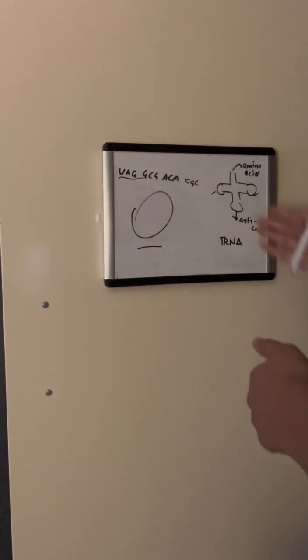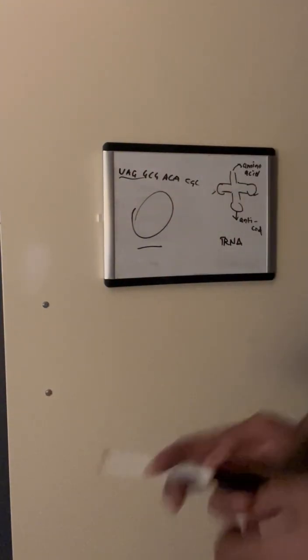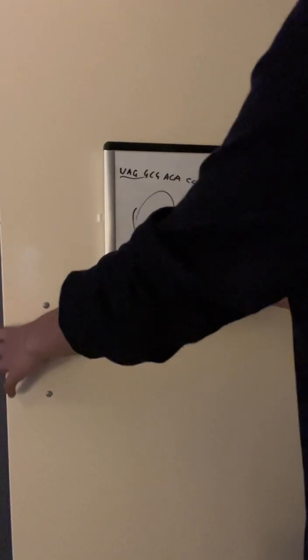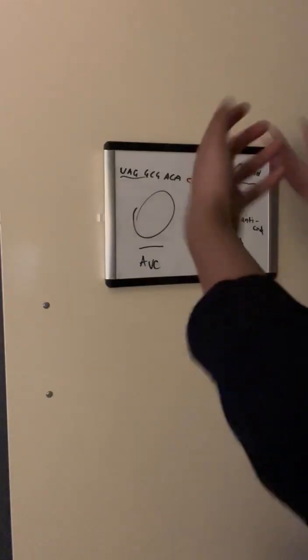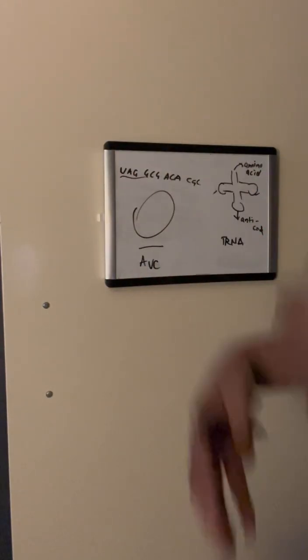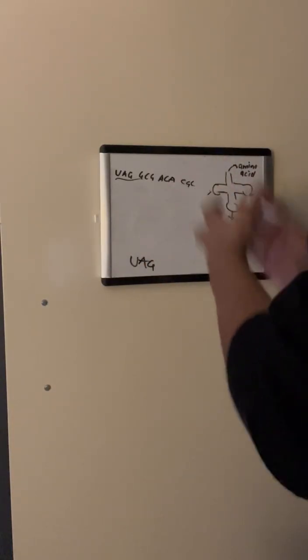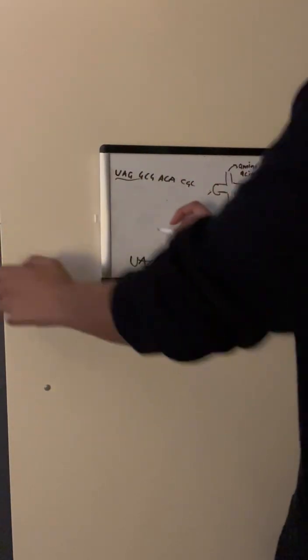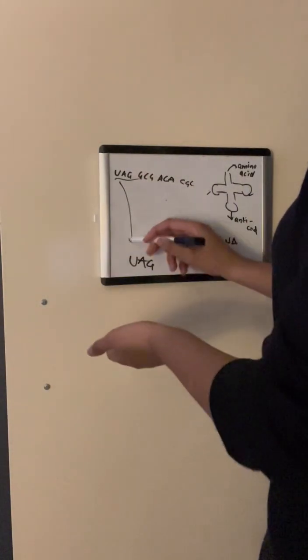So it's going to see, does it have the anticodon for UAG, which is going to be AUC? So the tRNA molecule is going to see, oh, do I have AUC? And it's either going to be yes or no. If it does have the matching anticodon, that tRNA molecule is going to go to its corresponding codon, which, the first one is UAG, right?